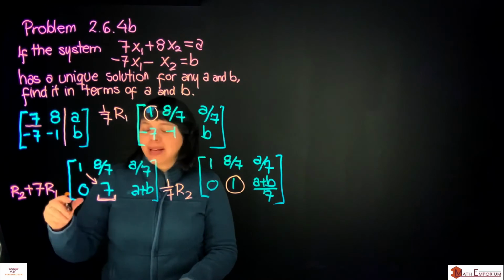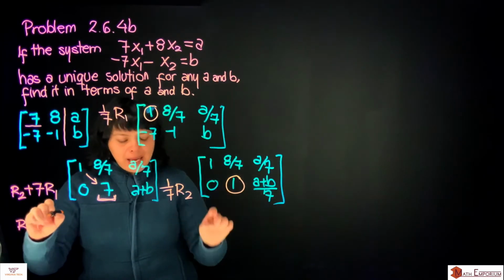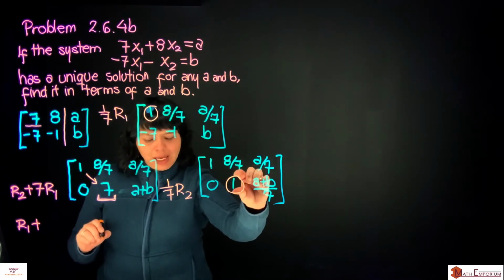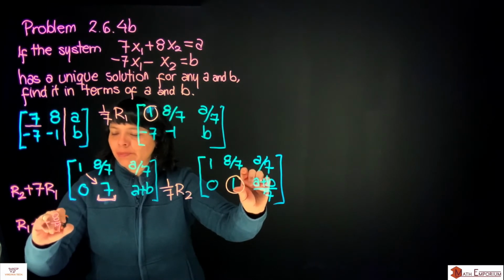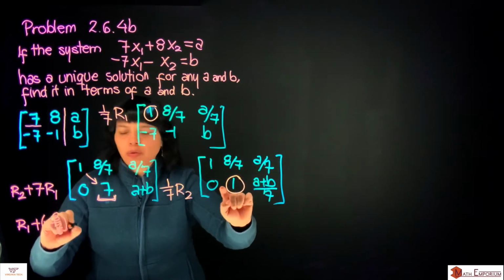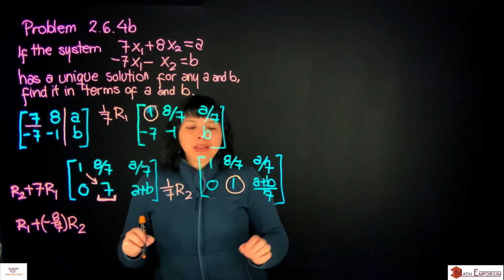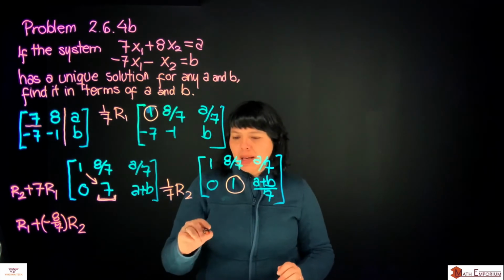And again, using this one right here, we're going to transform this one into a 0. The row that changes is row 1, and I need to multiply negative 8 sevenths times row 2 and add those. So let me do the operations here, and then we'll write our answers.